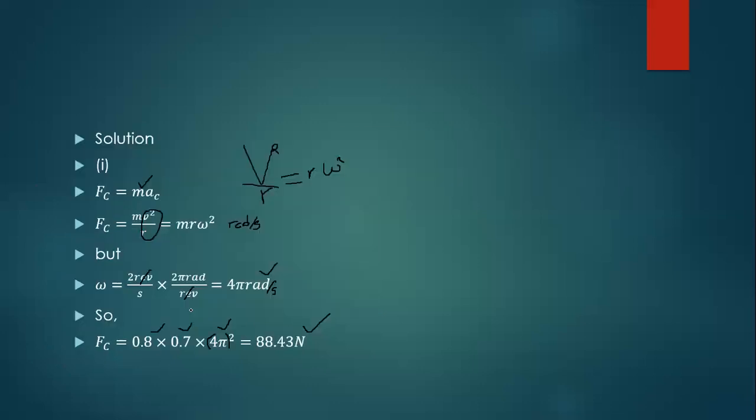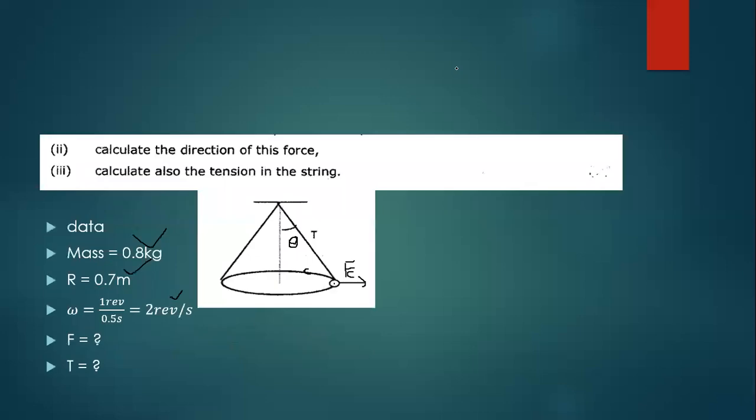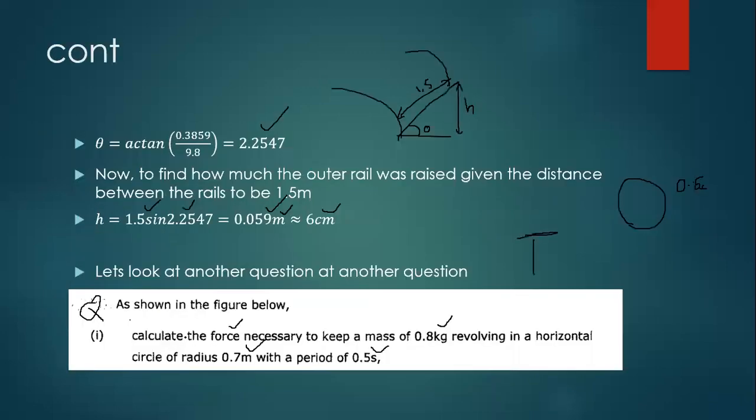Okay. So are we all okay on how I found our centripetal force? In fact, here they didn't even say find the centripetal force. They just said calculate the force necessary to keep the mass revolving. So the keyword is revolving. When something is revolving, we know that obviously there will be a force called the centripetal force.